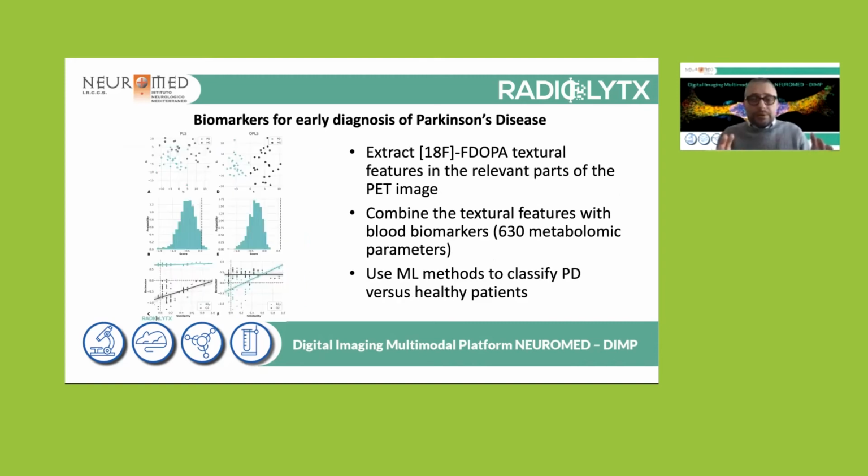We found that, in fact, not only could we extract such features and combine them, but we could use machine learning methods, supervised but not so complicated, like OPLS, in order to distinguish quite clearly early Parkinson's disease subjects from healthy groups. Here you can see how well the two groups are divided.